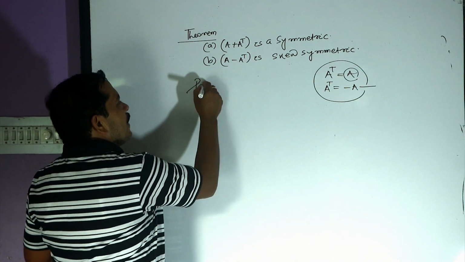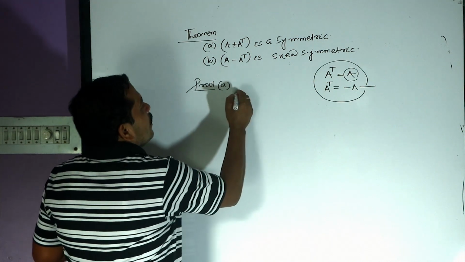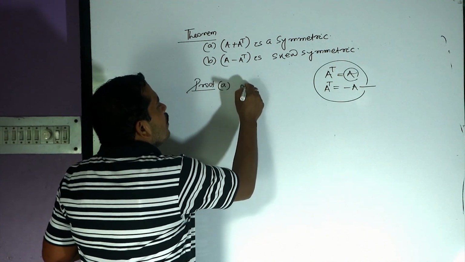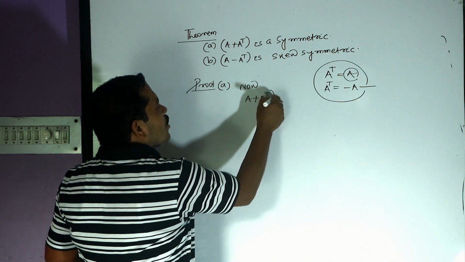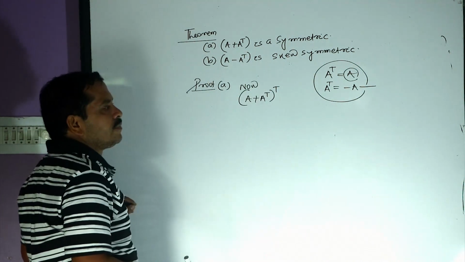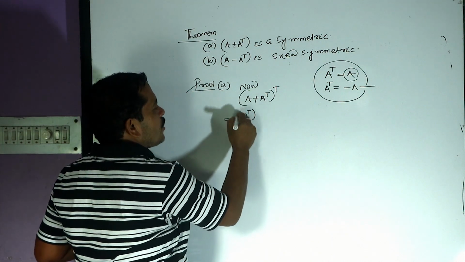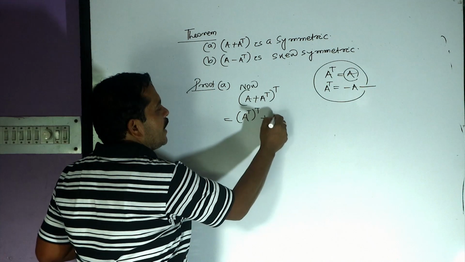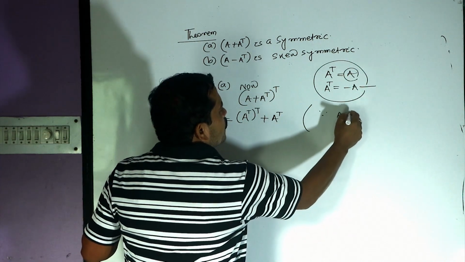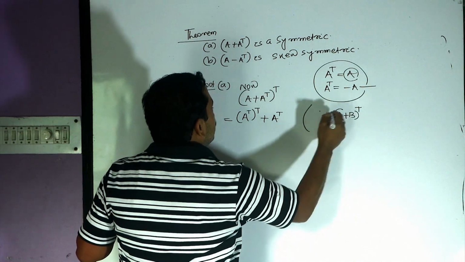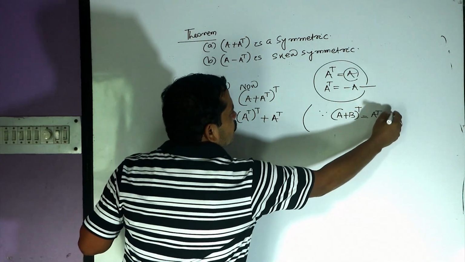Proof of the first part. Now, A plus A transpose, whole transpose, equals A transpose plus A transpose transpose, because we know that A plus B whole transpose equals A transpose plus B transpose.